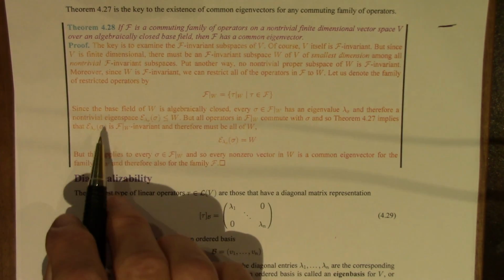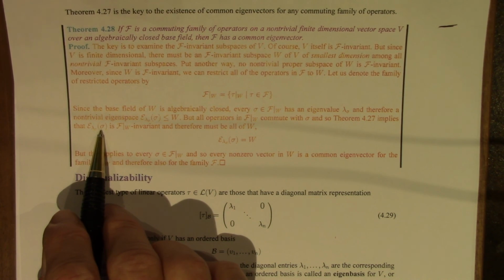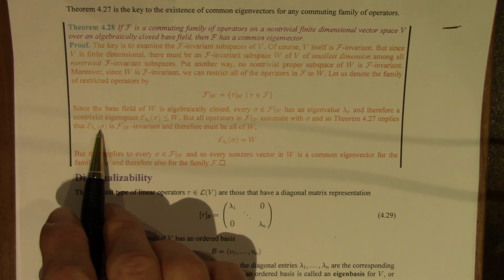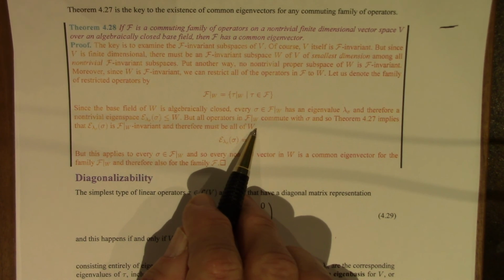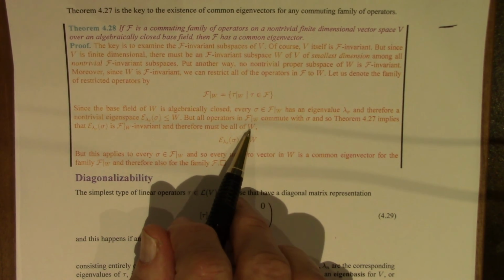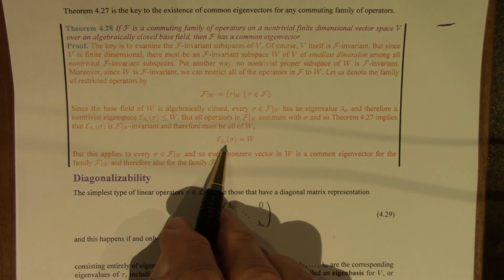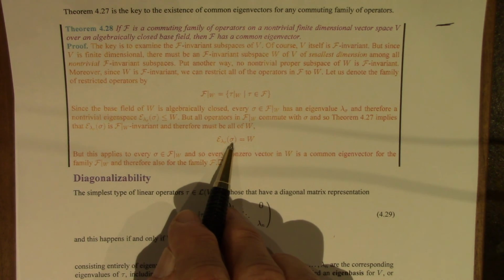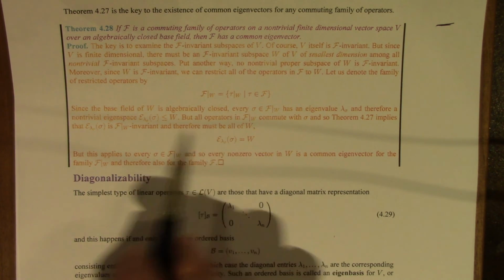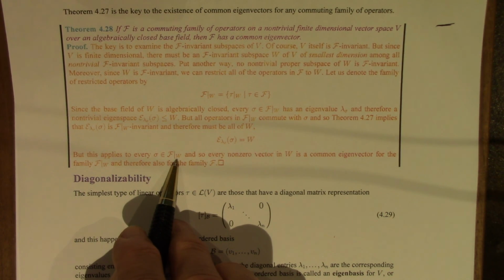It's a subspace of W, because we're talking about the restricted operator here to W, and it's non-trivial. It must be all of W by the way W was chosen. It has no non-trivial proper invariant subspaces. So each of these eigenspaces is W as sigma ranges over the family F restricted to W.